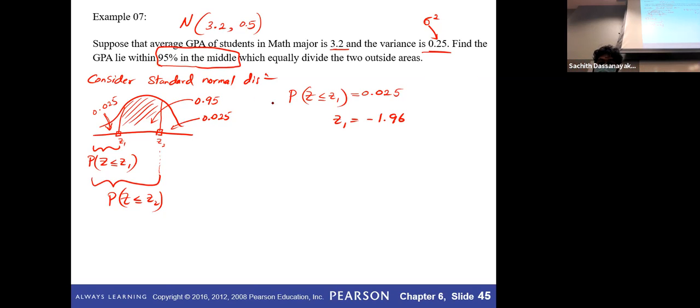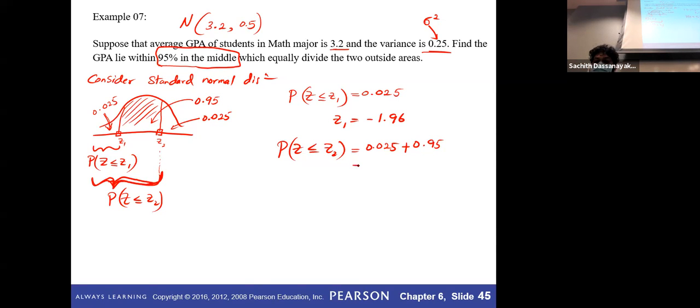Okay, next one, probability of C less than or equal to C2. This area is how much? 0.025 plus 0.95. Clear? Because I'm considering area from the left hand side up to this point.